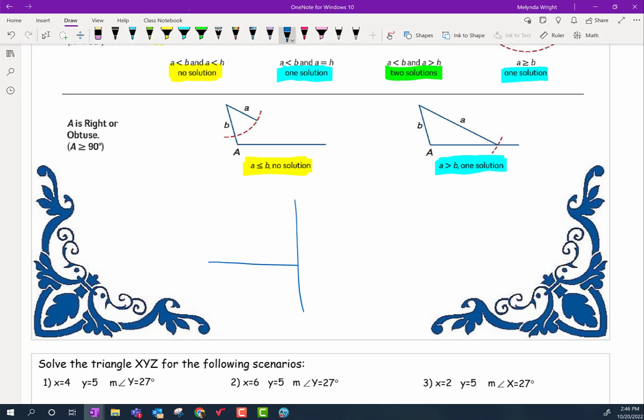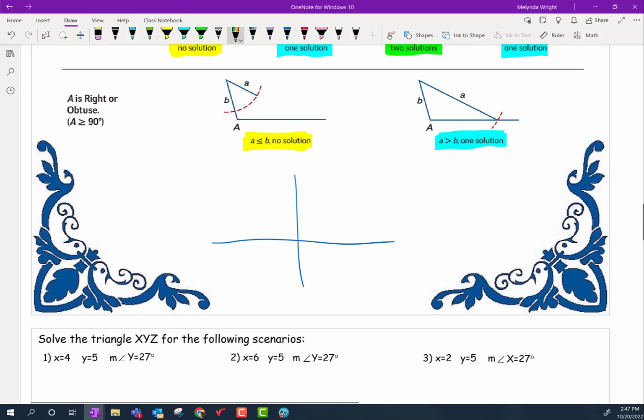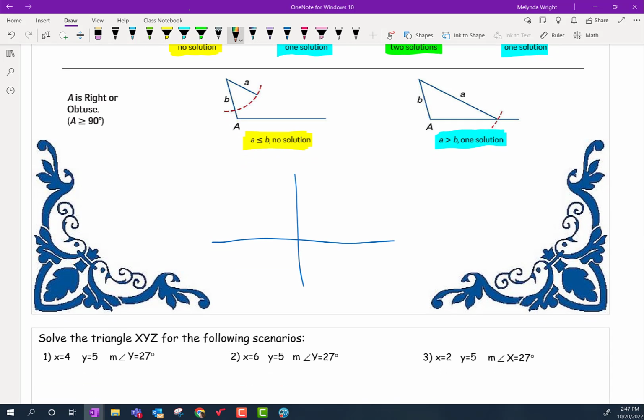So here's, say, the XY, the regular coordinate plane. Let's just write a squared equals b squared plus c squared minus 2 times b times c cosine A. That's a version of the law of cosines.